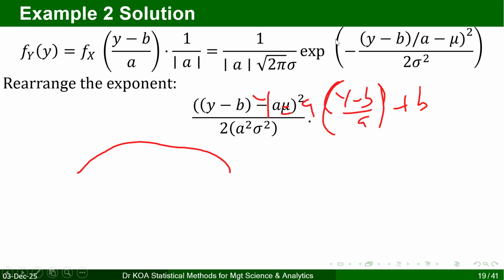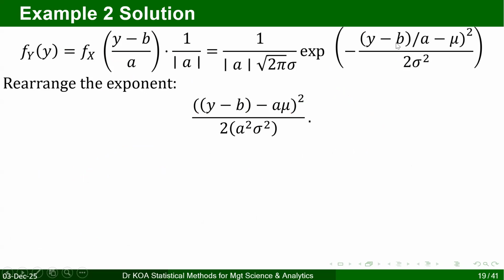When you rearrange the exponent, you get this. Remember that the A is squared. It comes down, because it's already a denominator, so you multiply this one. The numerator is left with Y minus B, but they are both squared. And then this mu is also squared.